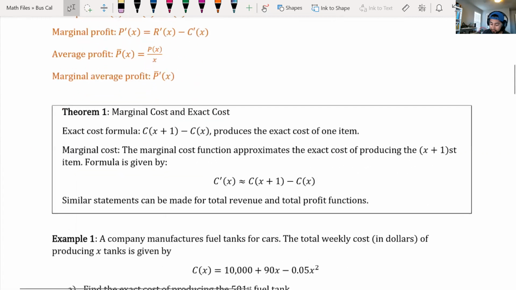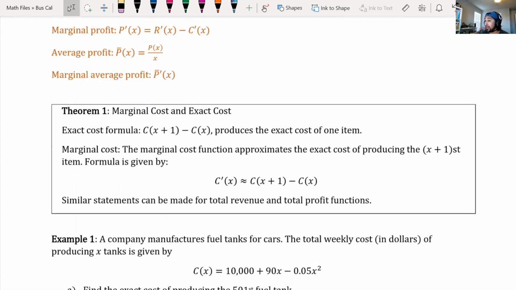So now we have our first theorem about marginal cost and exact cost. So the first formula we're given is the exact cost formula. This is if you want to find the exact cost of one item. So this is given by C of x plus 1 minus C of x. This will give you the exact cost of exactly one item.